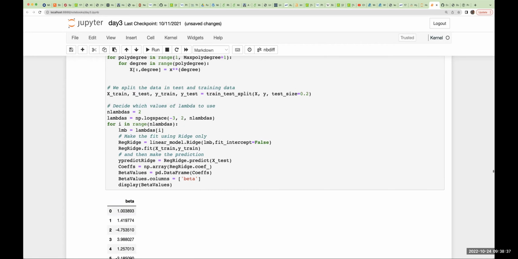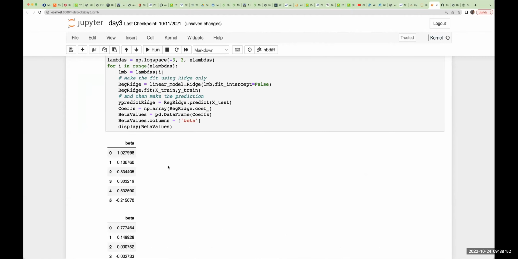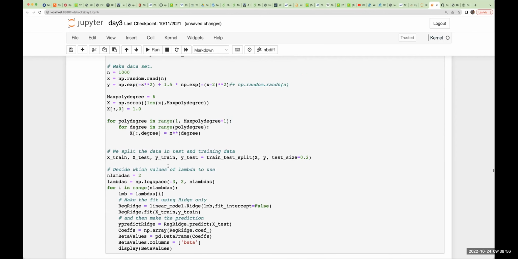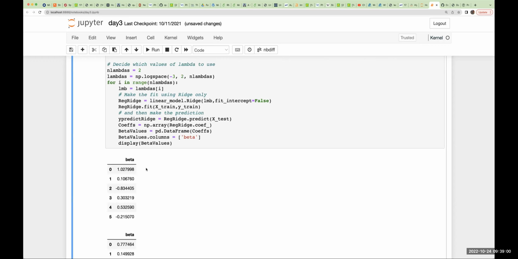That's because we are trying to adjust the parameters to go through the data in a better and better way. If I now take away the noise and repeat these calculations, I'm going to get a function which is smoother and easier to fit with a polynomial. So in this case, we took away the random noise, and let's rerun this for a smaller degree of the polynomial.